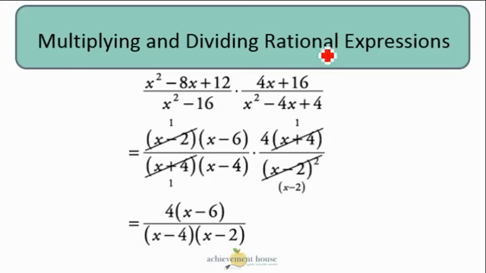So we're going to apply that to polynomials now. Let's factor x squared minus 8x plus 12. What multiplies to 12 and adds to negative 8x? That's going to be negative 2 and negative 6. So x plus a negative 2, which is x minus 2, and x plus a negative 6.